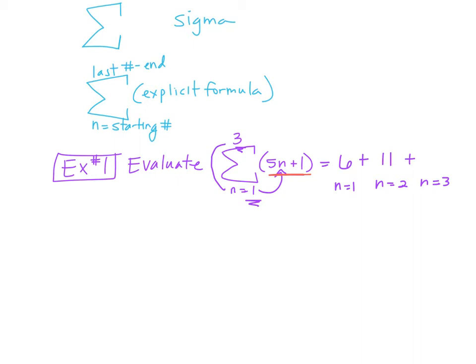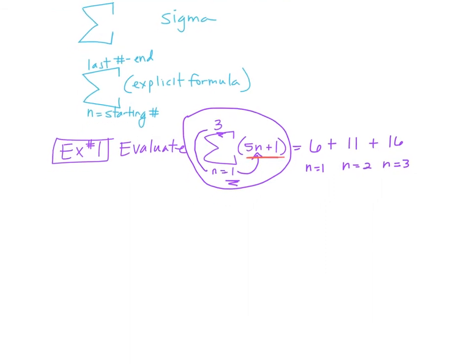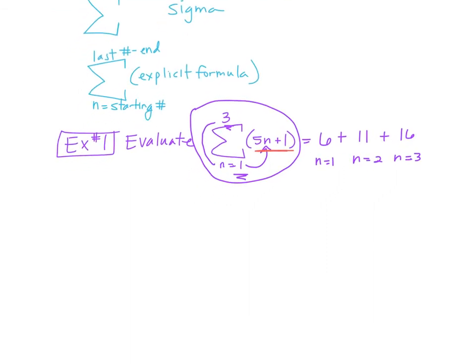And then for 3, if I plug in a 3, 5 times 3 is 15 plus 1 is 16. So this is saying what is the sum of those three numbers. So 6 plus 11 plus 16, and you may plug that into your calculator, you may do it in your head. Either way, you should be getting 33. Okay, so you're evaluating from n equals 1 to n equals 3.